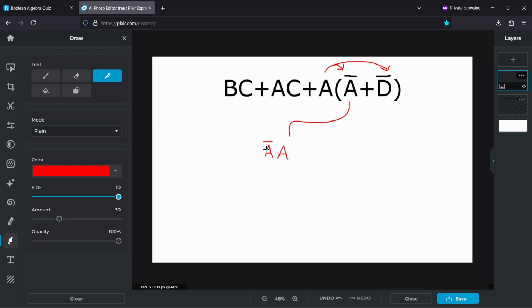But if you just think about it, one of them is going to be a 1 and the other one's going to be a 0. So no matter what, you're multiplying two things with a 0. So it's just going to equal 0. And we can completely ignore this A here. So all we're left with is AD bar.